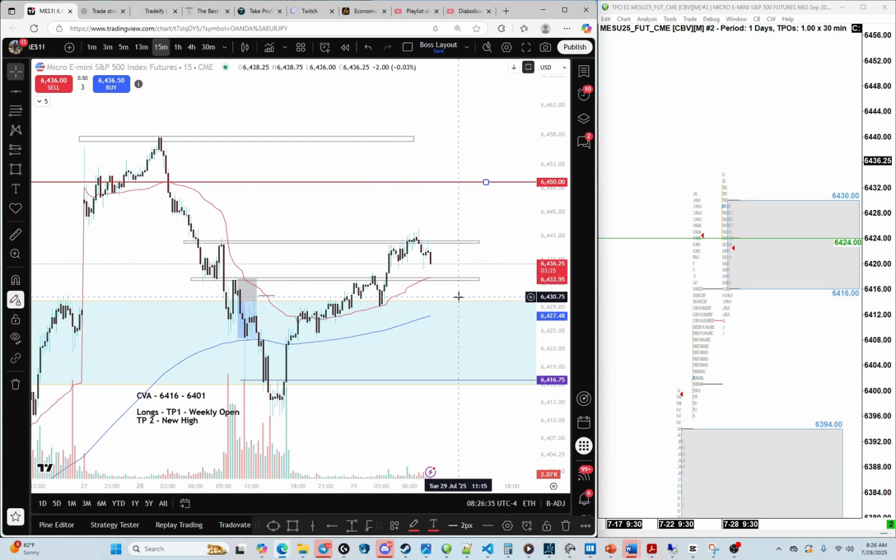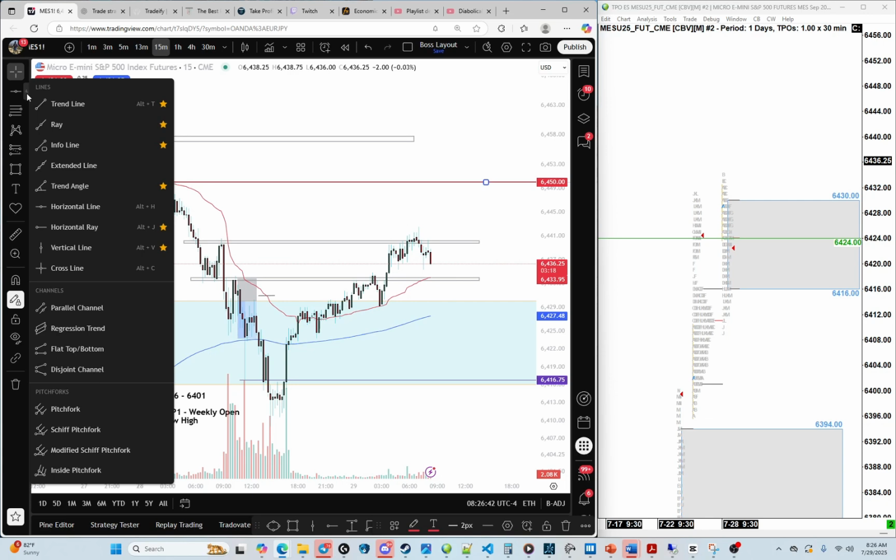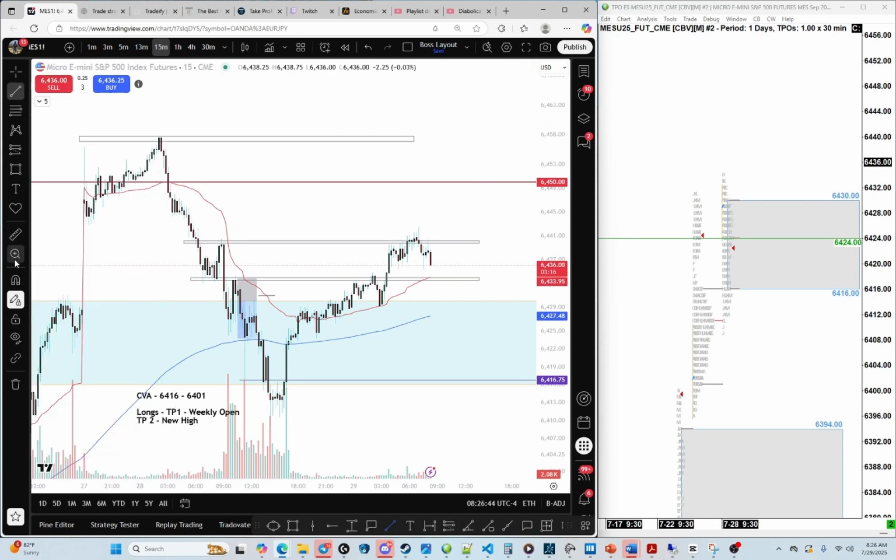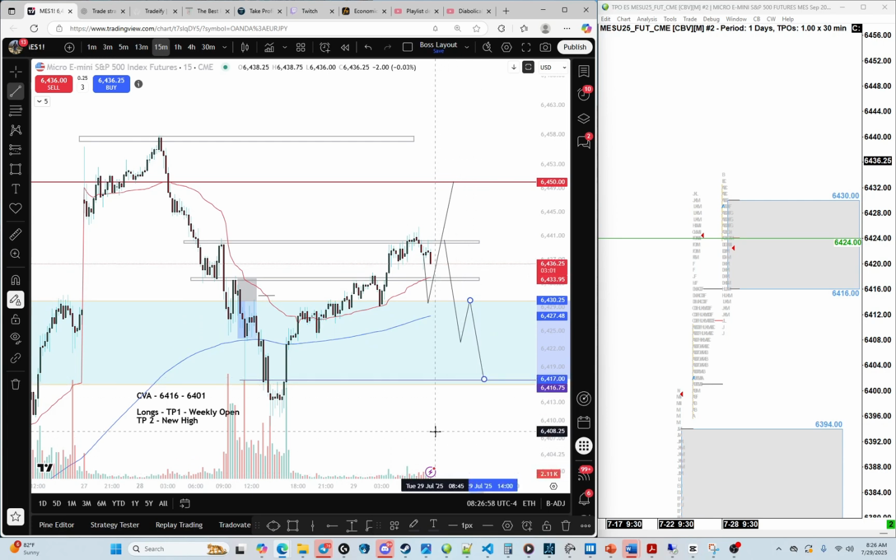Pull back, right? Maybe take another short around here and then come to the upside. So the options that I'm looking for today will be this right here, so either something like that or something like this. All right, that's going to be what I'm looking for.